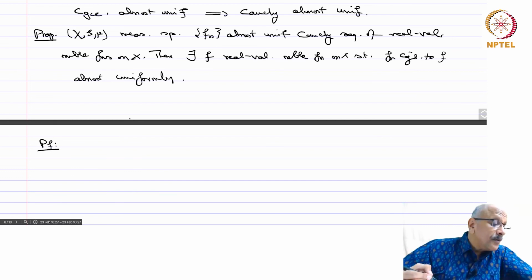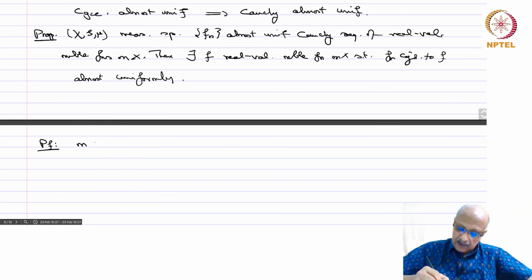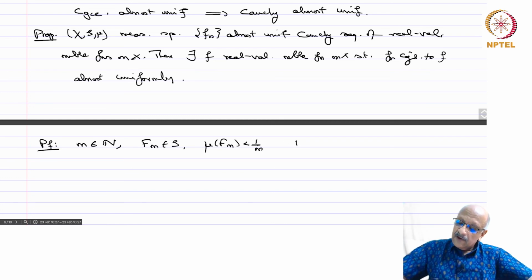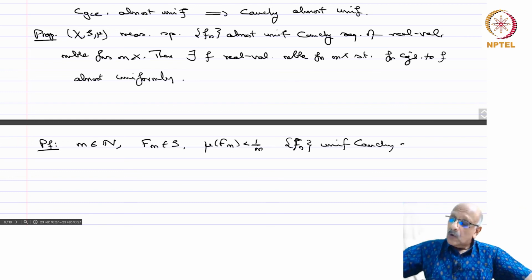Proof. Again, let m belong to N, a positive integer. There exists Fm in S, mu of Fm less than 1 by m, and fn uniformly Cauchy on Fm complement.